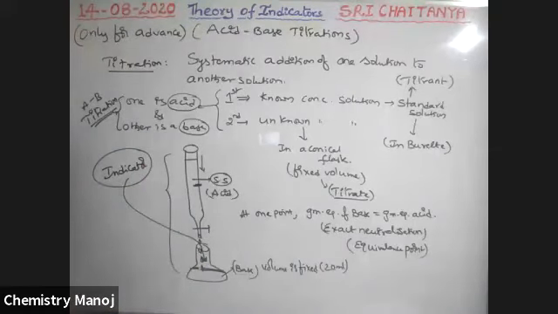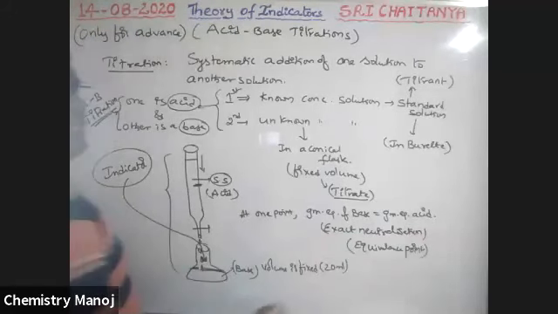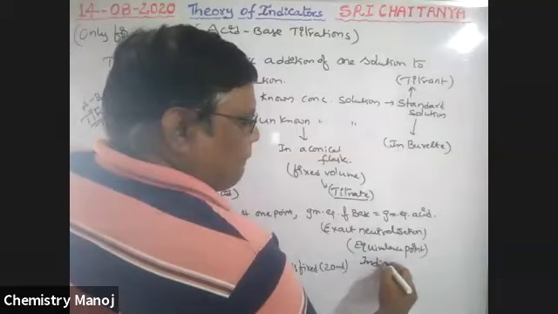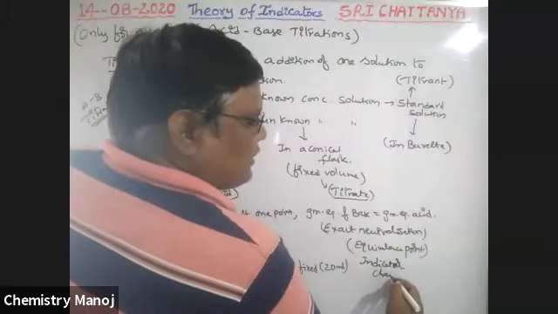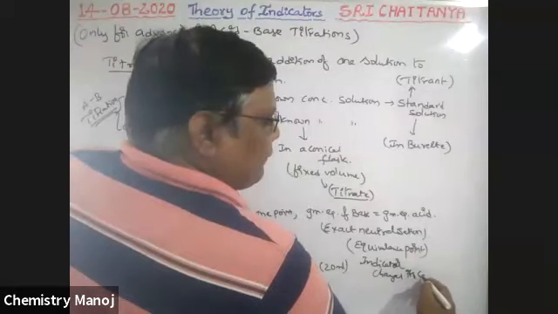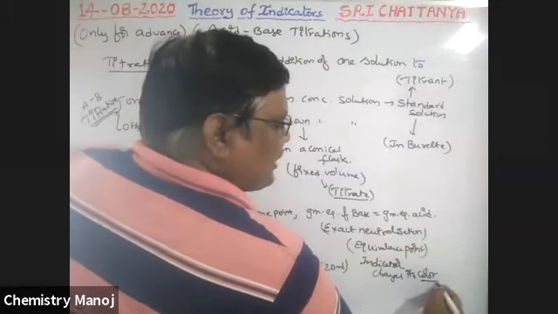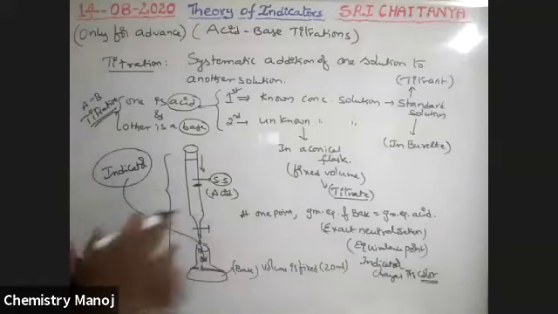This indicator identifies the equivalence point just by changing its color, so at the equivalence point the indicator changes its color.